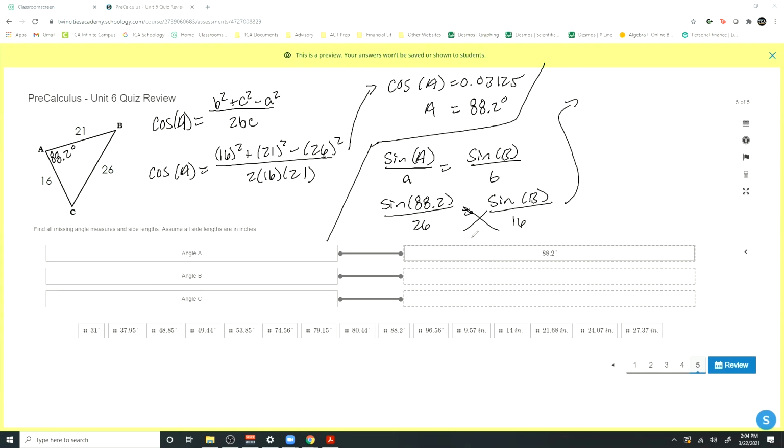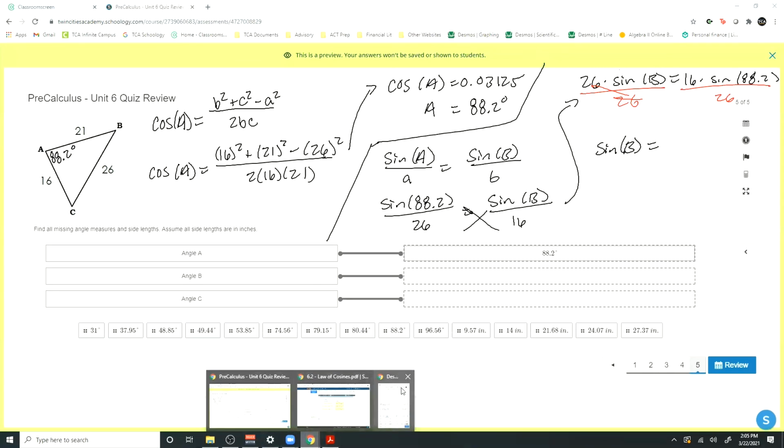Cross multiply. Do my unknown diagonal first, so that'll be 26 times the sine of b is equal to 16 times the sine of 88.2. Divide both sides by this 26, and we get the sine of b equal to whatever this thing is in the calculator.